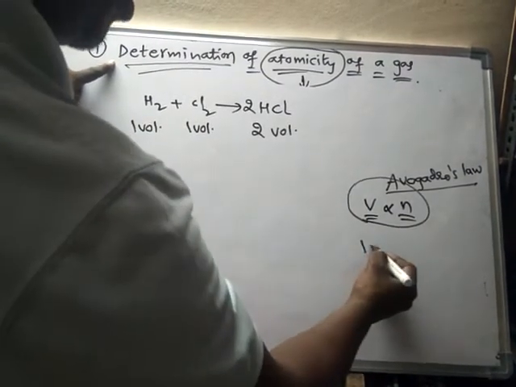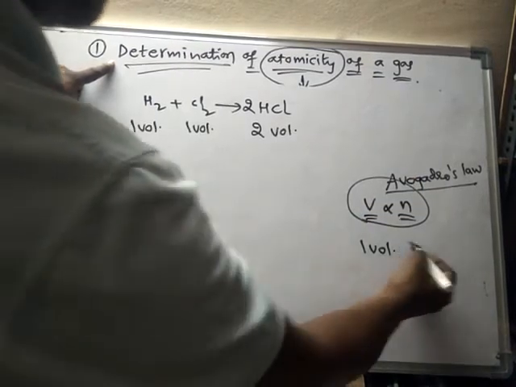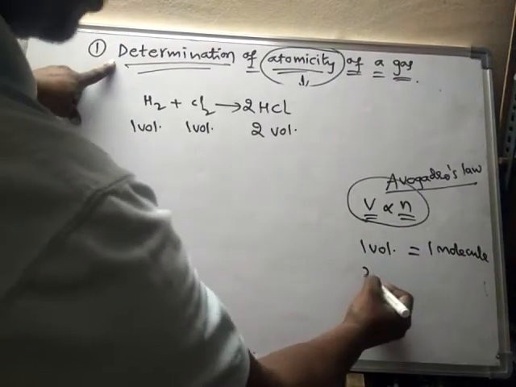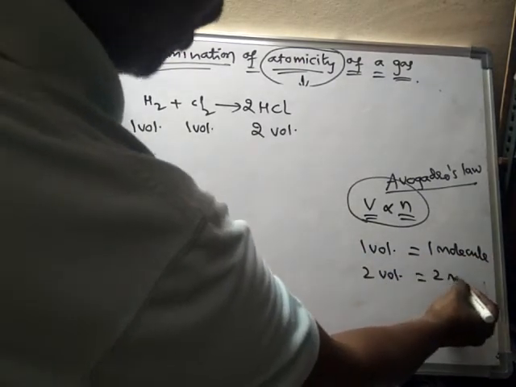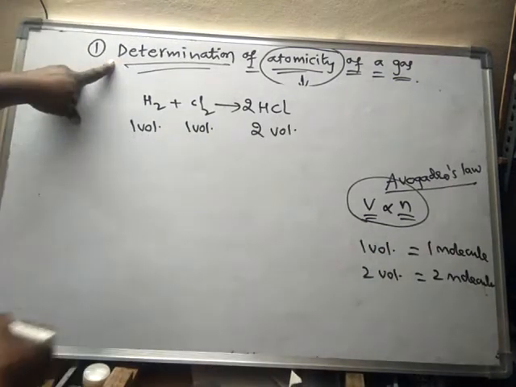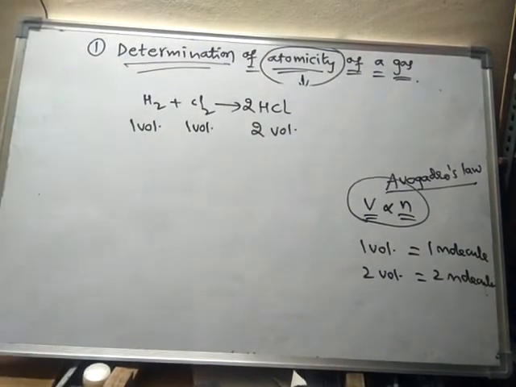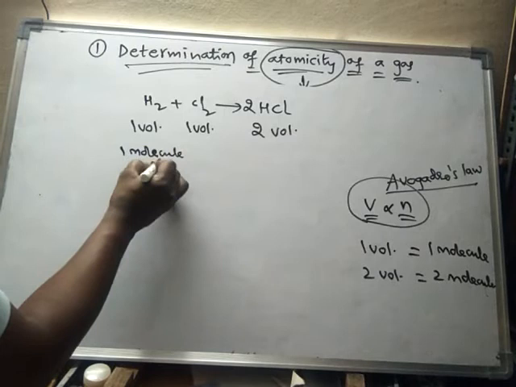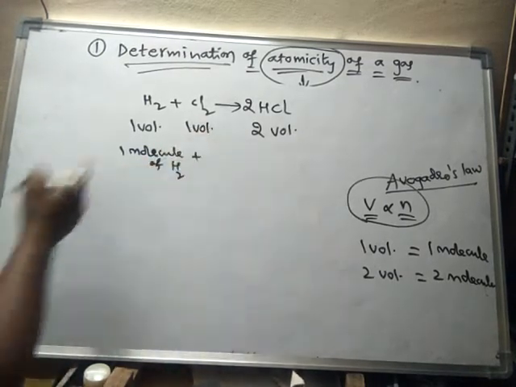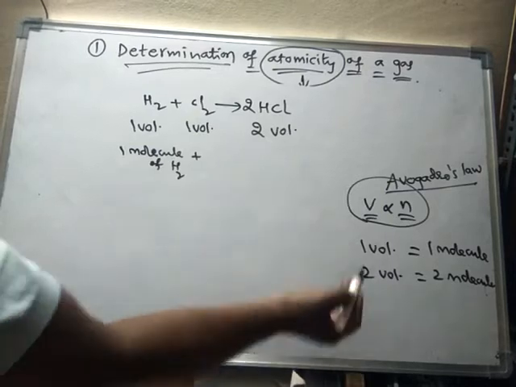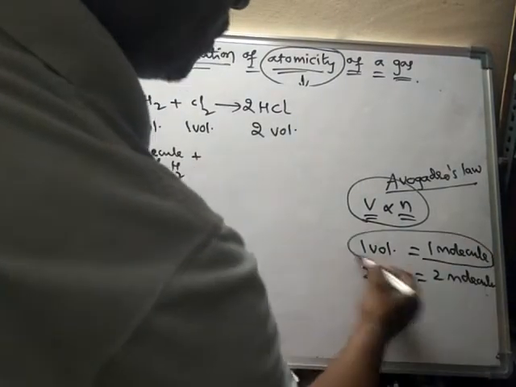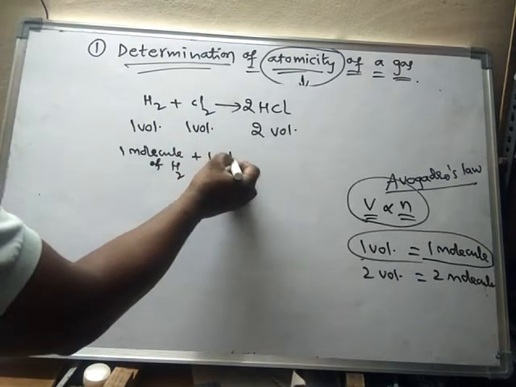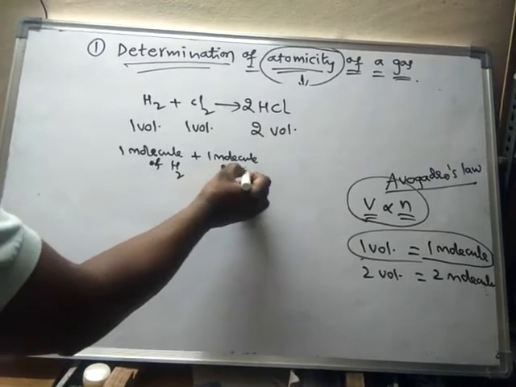Suppose one volume contains one molecule, then 2 volumes will contain 2 molecules. So here 1 volume of H2 means 1 molecule of hydrogen, which reacts with one volume, that is one molecule, of chlorine.